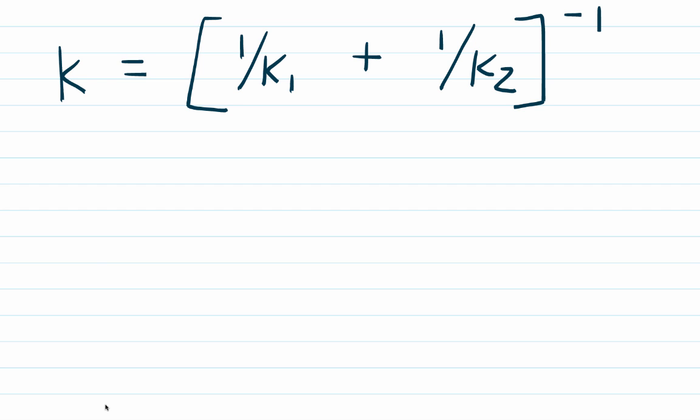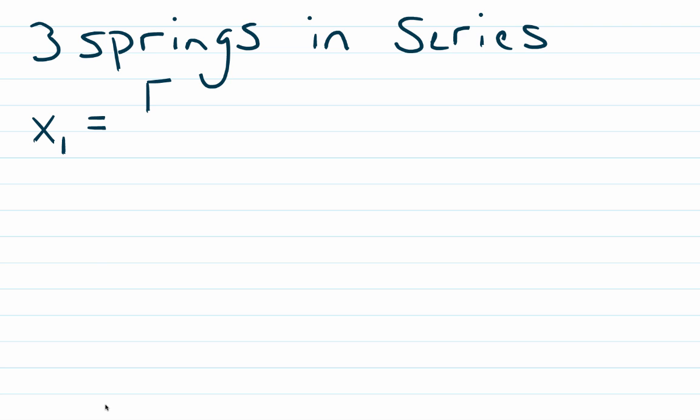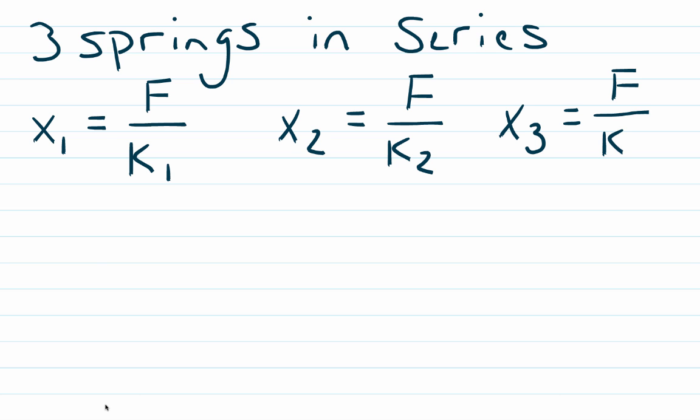Just like we had before, the distance that each spring will be stretched will be equal to the force divided by that individual spring's spring constant. The total distance will then be the sum of those individual distances. And we can plug in for those distances in terms of the force and the spring constants.